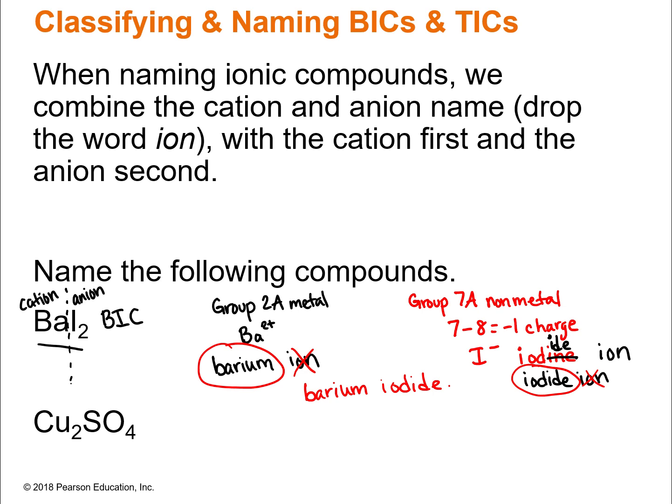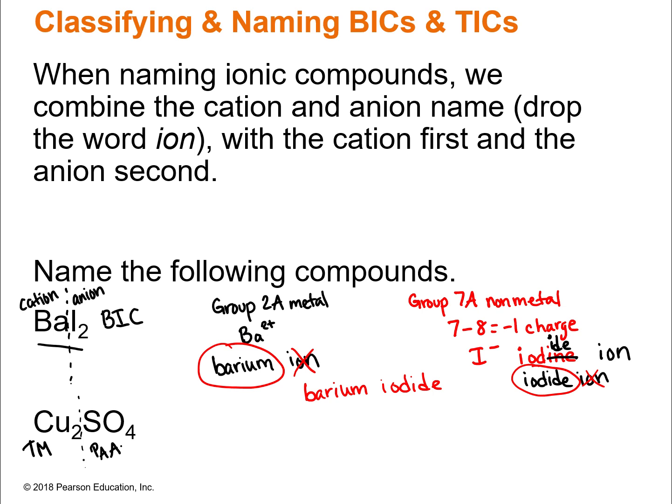But what if it's something that's in the stock system? Copper is a transition metal. So I can't just look at it and know right away what the charge is. SO4, as you get familiar with the polyatomic anions, you'll recognize it.